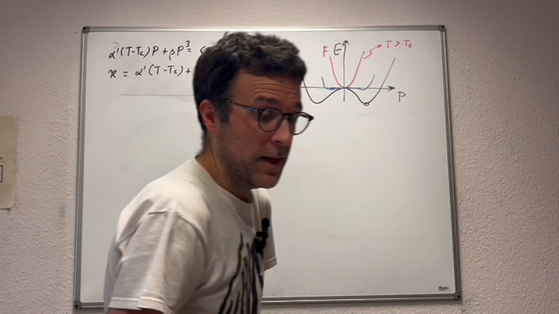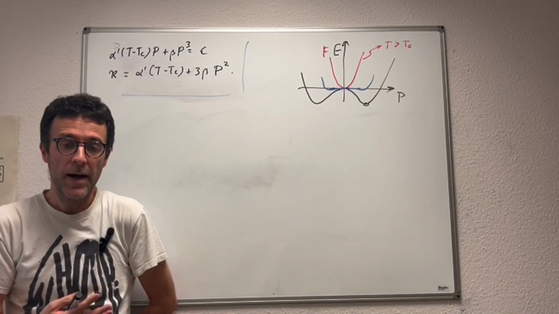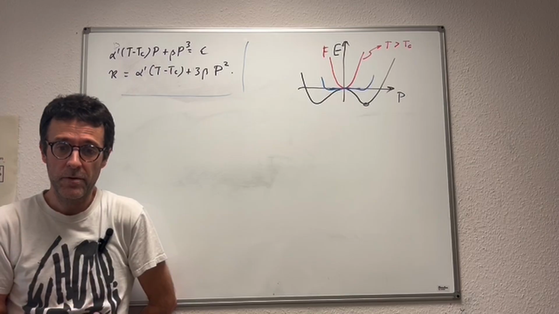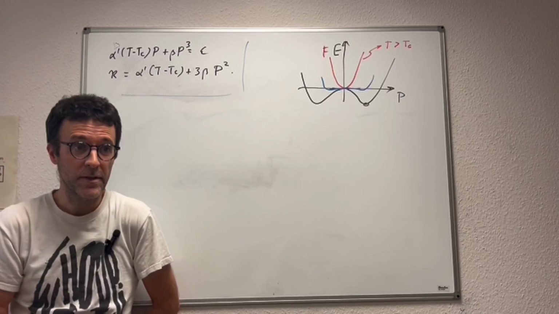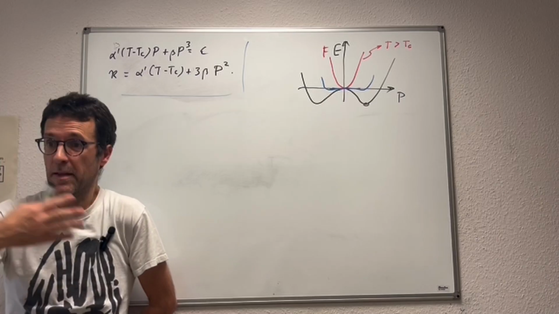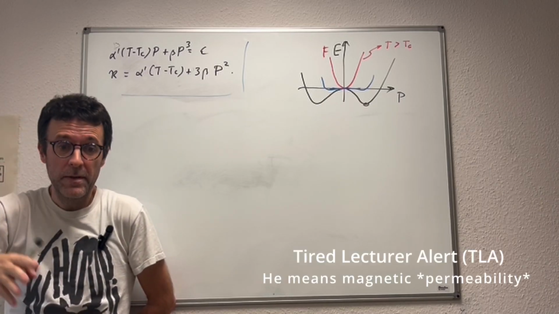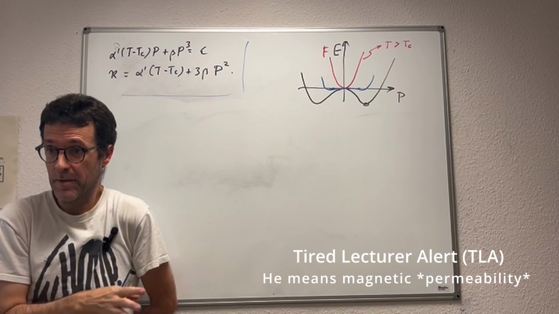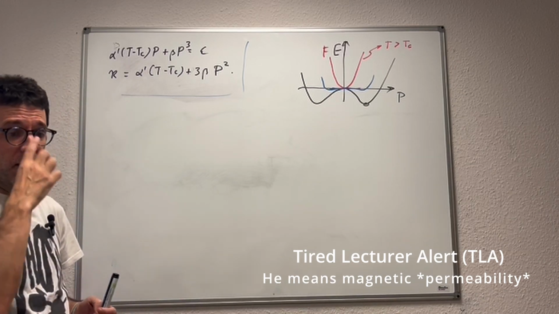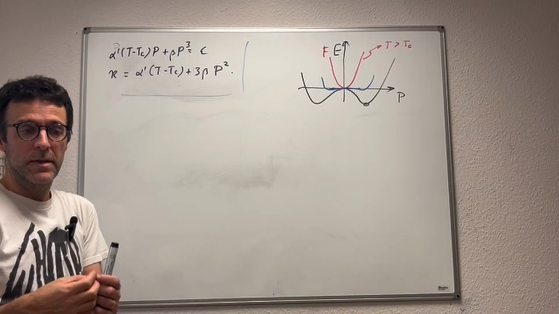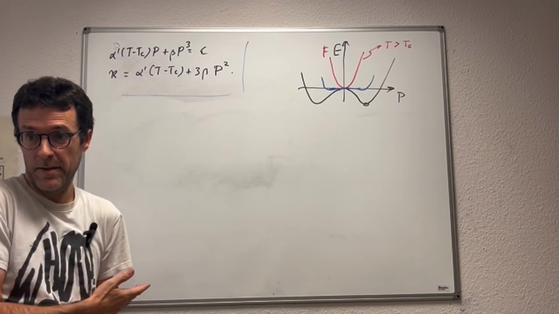Now, typically, if you look at ferroelectrics, ferromagnets, in any sort of transition, a very interesting quantity is the susceptibility associated to the order parameter that becomes different from 0. This could be the magnetic permittivity. Here it is going to be the dielectric susceptibility. This susceptibility tells us how easy it is to change the value of the order parameter when we apply the conjugate field, which here is the electric field, of course.